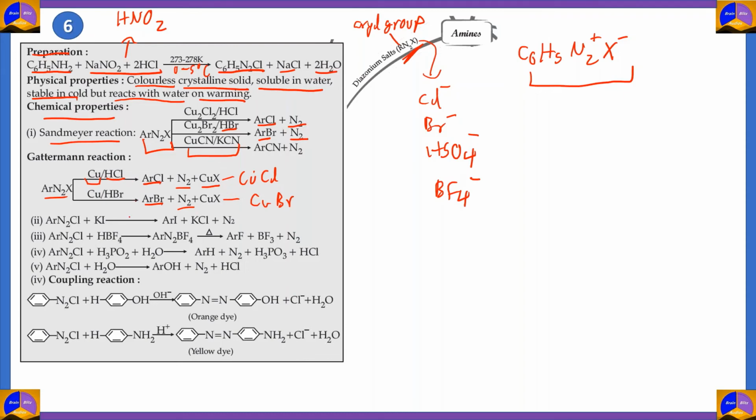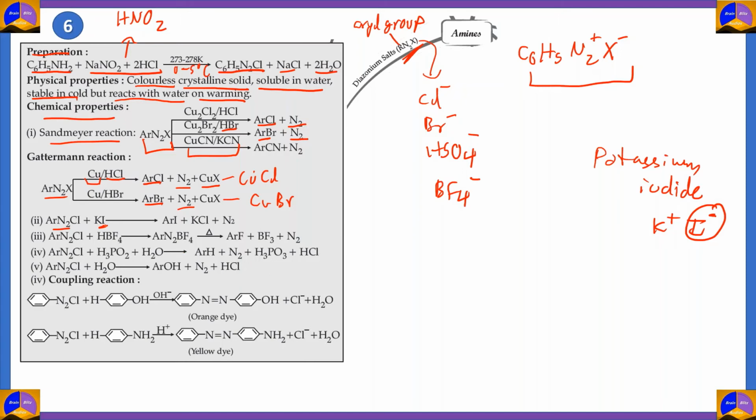So let's look at the other reactions here. The second reaction states that when a diazonium salt is replaced with an iodide ion, so KI is potassium iodide, so it's K plus I minus, and the I minus is known as iodide, that's the main reaction here.